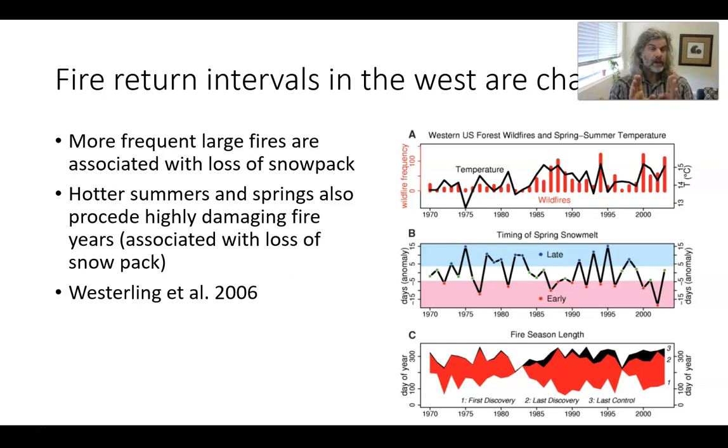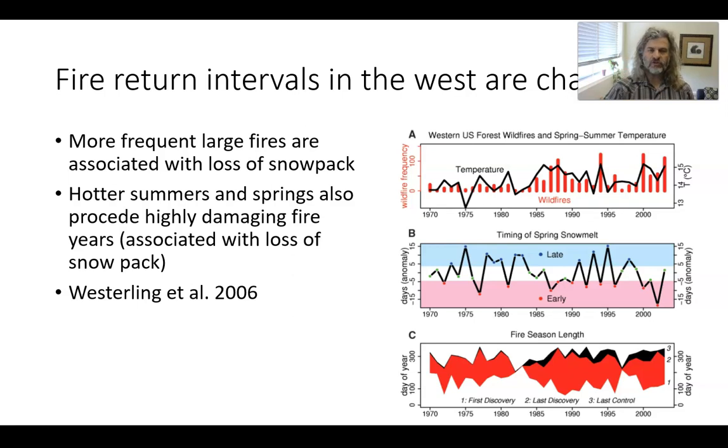Now, we can predict when we're going to have a bad fire season. That's one of the really great insights that comes out of this paper. In particular, the degree to which a summer or a spring season is hot will forecast how damaging a fire season will be.